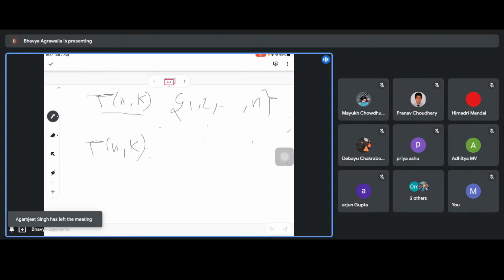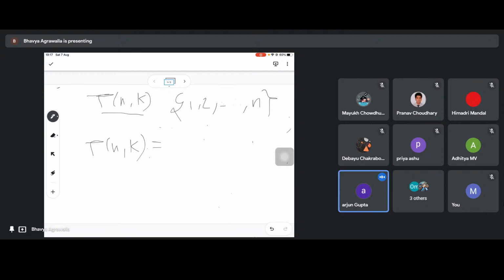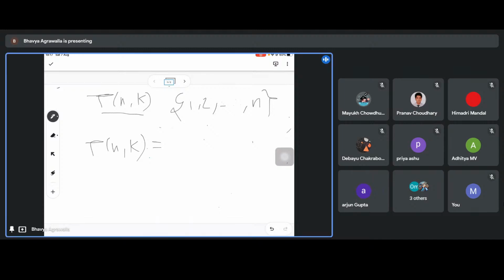So try to find some recurrence relation for T of n comma k in terms of smaller values of n, and I think smaller values of k maybe. Yeah, smaller values of both n and k. Basically, try to reduce this to smaller values of n and k.